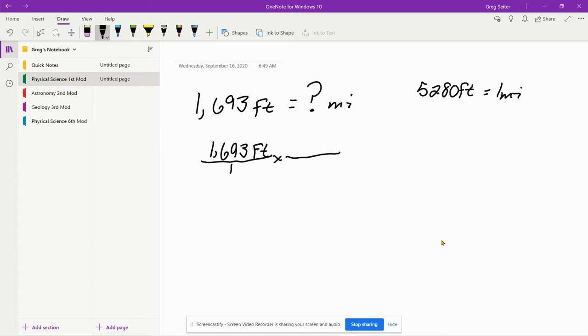We want to get feet on the bottom. 5,280 feet is 1 mile. Now, we're going to cancel off feet. I have feet on top and bottom. That's canceling my units.